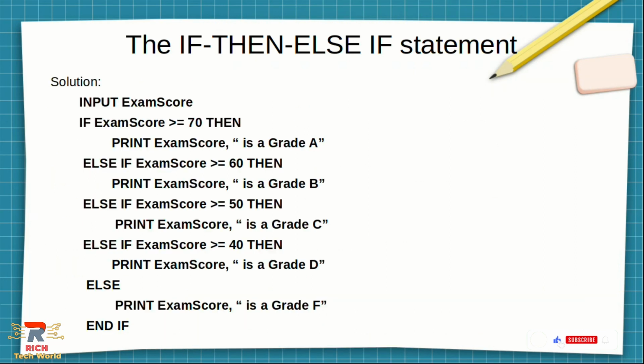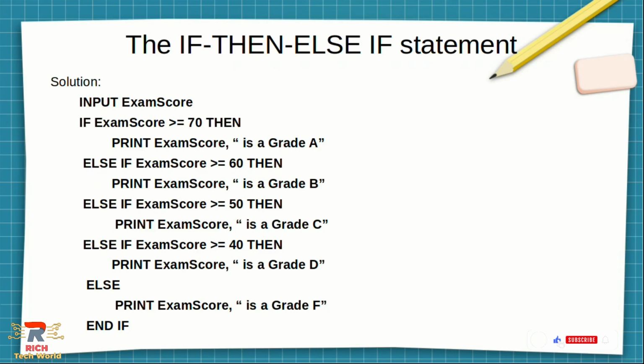First of all, we use the input statement to receive the exam score, and after receiving the exam score, we use the if then else statement. We first check if the exam score is greater than or equal to 70, as we said with the grading system we gave.